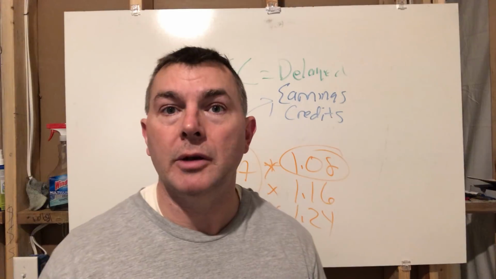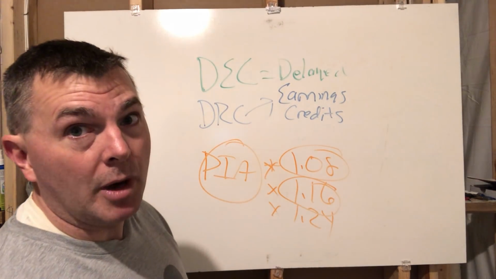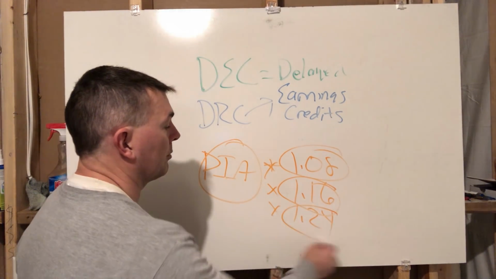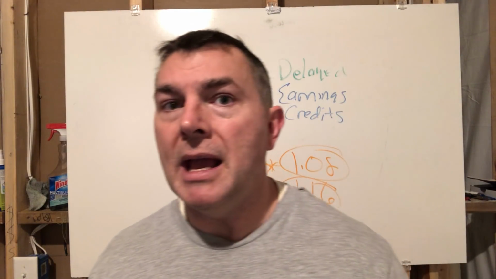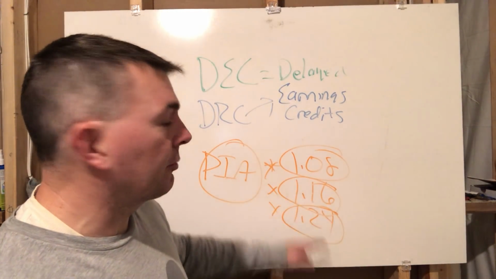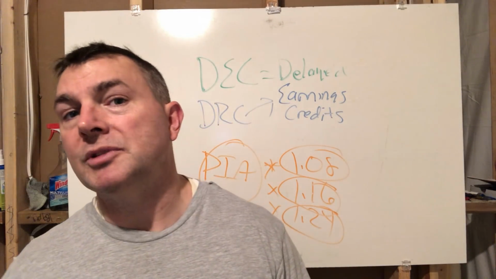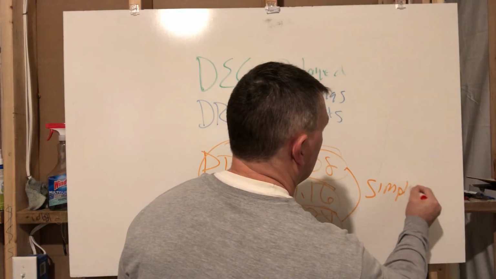If I wait 2 years, it's 16% above my PIA, and if I wait 3, it's 24% above my PIA. Essentially a bonus of 8%, 16%, or 24%.